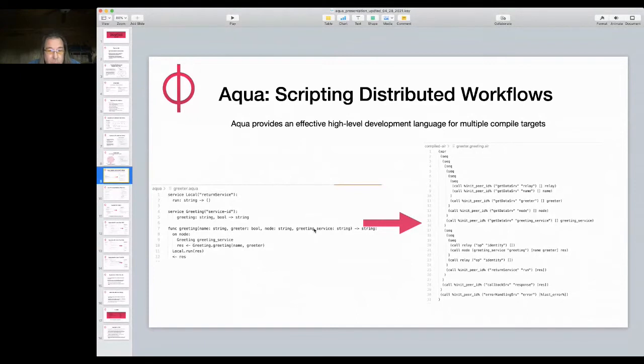Then we execute that function, which says on the node specified, call node 12d3 for the greeting service, where that's the service ID, and then call the actual function greeting, for which we have our shim up here, and then we return a result. And that gets translated into this lower level language, which then runs at the interpreter at the peer level.